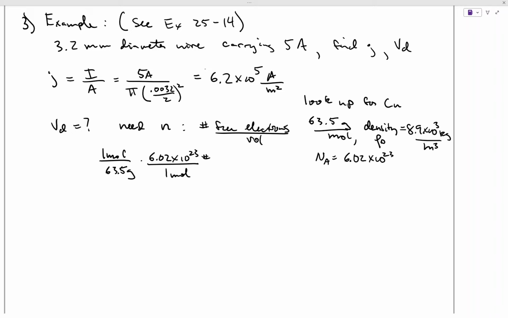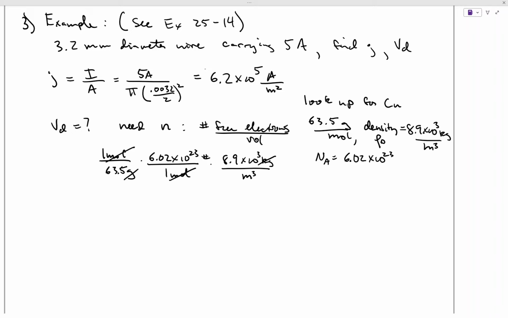So then if we take advantage of the density, notice the density is mass per volume. So if we multiply this by the density, 8.9 times 10 to the third kilograms per meter cubed, notice we'll get rid of moles. So granted, we would have to convert from grams to kilograms, but we would get rid of factor of mass, and we would be left with a number per volume.